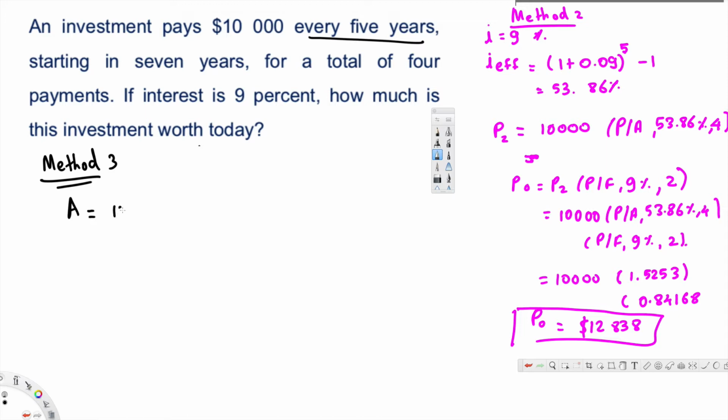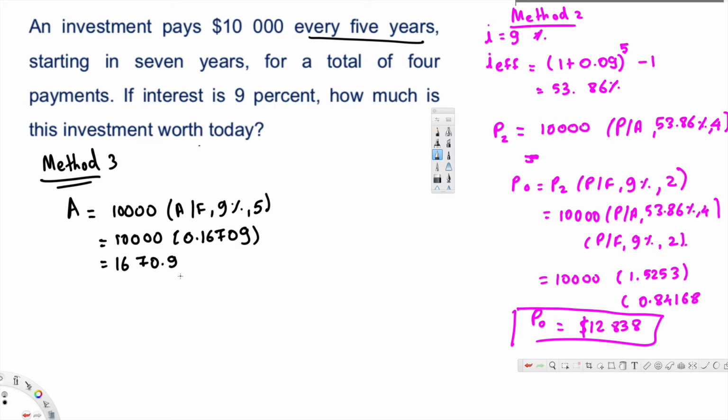A is equal to 10,000 every 5 years, times A over F at 9%, with 5 years. If you look at this value on the table, that's going to be 0.16709, and this is equivalent to 1670.9.